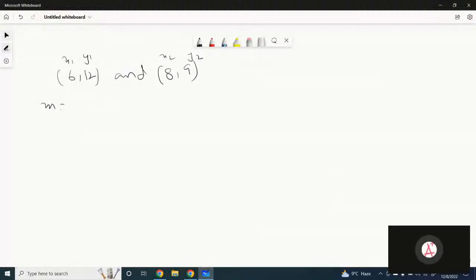So the slope is y2 minus y1, 9 minus 12, over x2 minus x1. It would be negative 3, and 8 minus 6 is 2. So the correct option is negative 3 over 2. Got it?